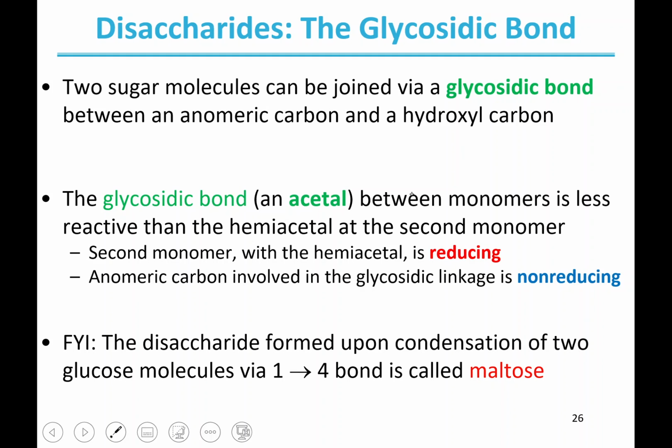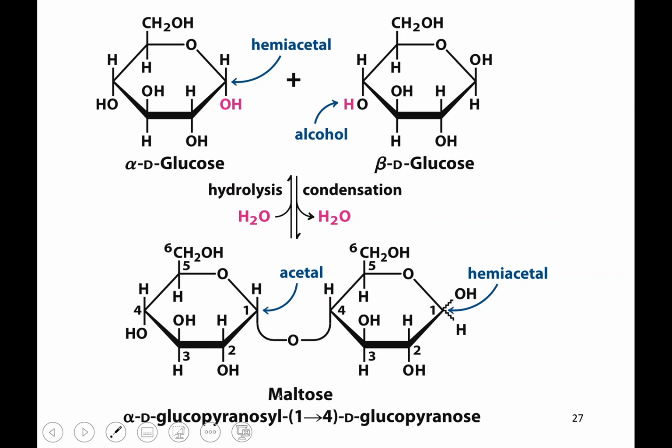So a disaccharide formed upon condensation of two glucose molecules via a 1,4 bond is called maltose, and we're going to see examples of that. So here we have two glucose molecules. On the left, we have alpha D-glucose.